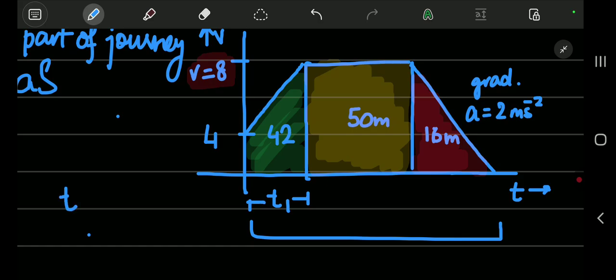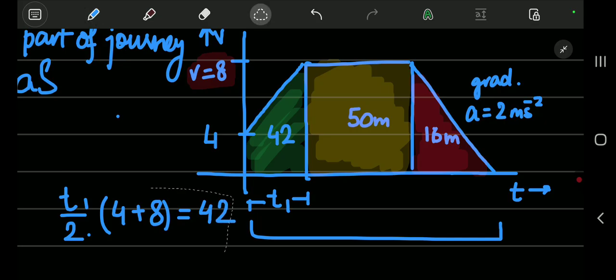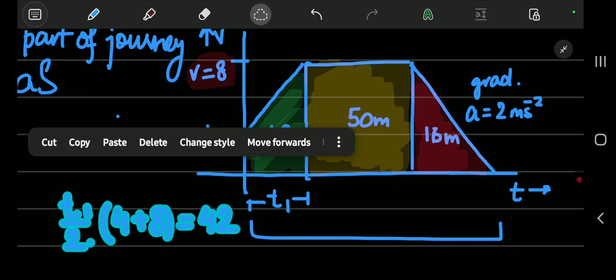So t1 times height over 2 times sum of the two parallel sides. So which are the two parallel sides? This and this. So what are these? 4 and 8. So 4 plus 8 equals, what is the area under this graph? The area of the trapezoid is 42. Okay, so I made this expression, now I am taking it down.